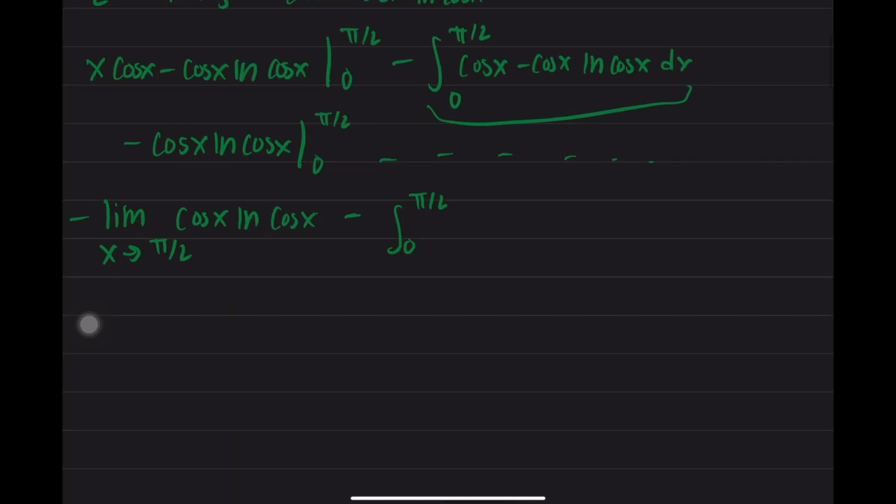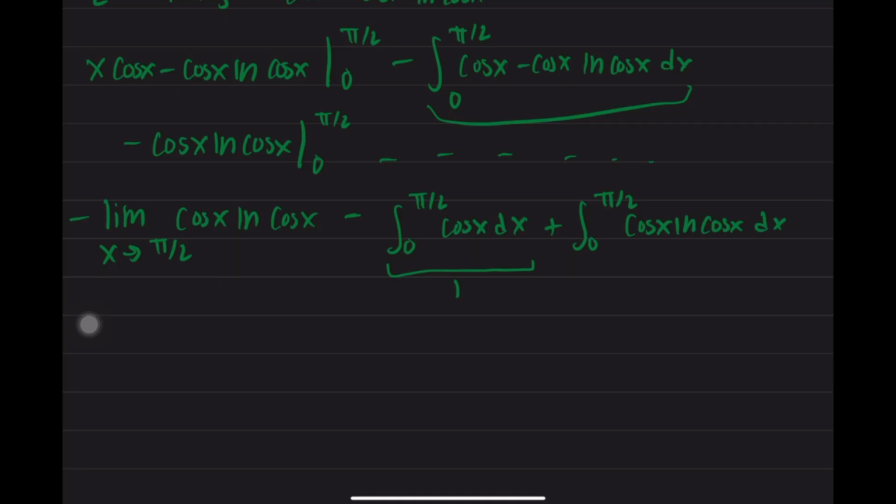So let's see. We have negative the integral from 0 to pi over 2 of cosine of x dx plus the integral from 0 to pi over 2 of cosine of x ln of cosine x dx. This first integral is just 1. You can check it for yourself. The integral of cosine of x is sine of x, so we'll get sine of pi over 2 minus sine of 0.